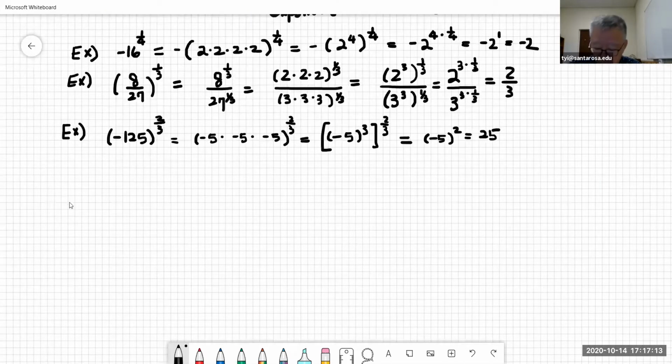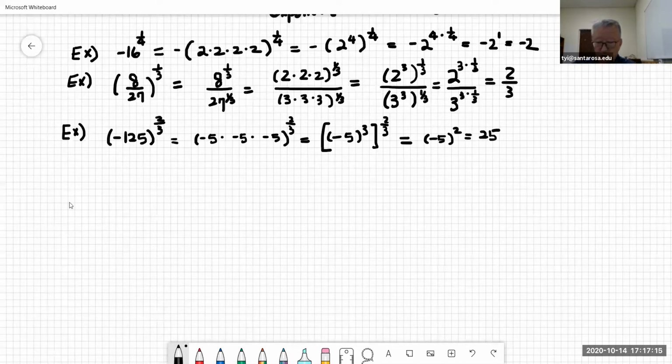So we have a pretty good idea what we need to do here. We are going to use this idea to simplify multiplying and dividing. Then we're going to simplify these things and see if we can use this idea to tackle more complicated problems.